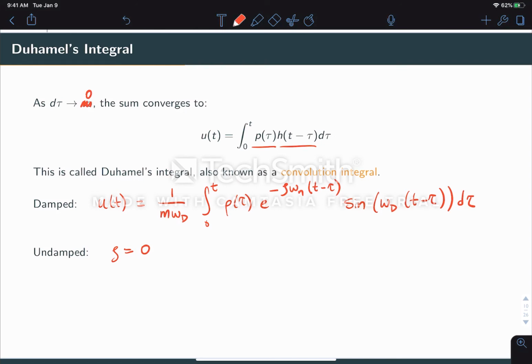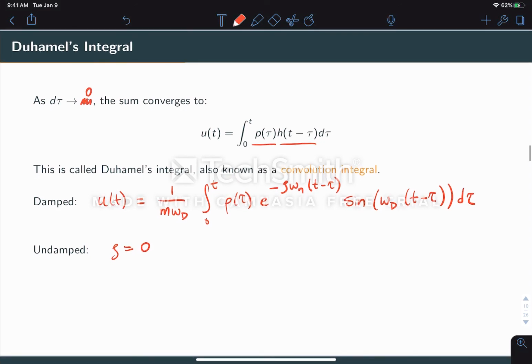But the important and fundamental thing to realize here is the fact that essentially this response is the most general type of response function that you can achieve, because it will give you the response to any type of function. And so there is no more general response function than this. So if you have this, technically you can derive the response to any type of loading.